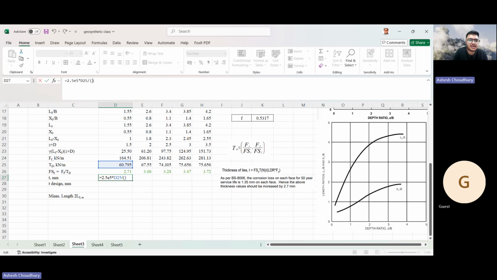So what is my LDR? LDR is 65%, so 0.65. And FSY is given as 3. This factor you have to put. And what is my FY? My FY is 2.5 into 2.5.